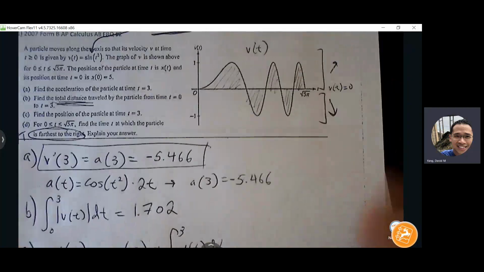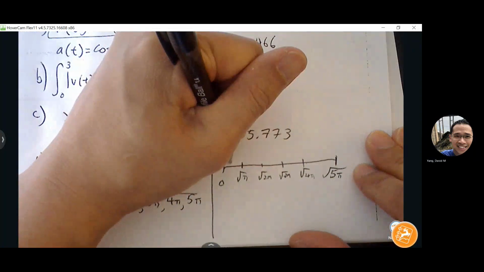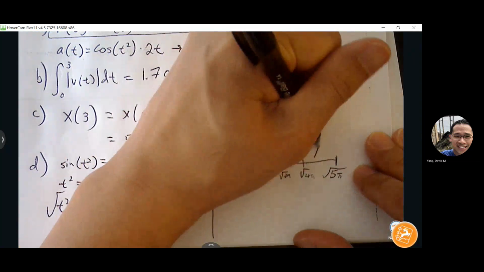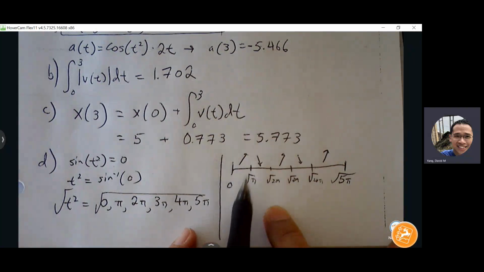And if I have my velocity sign line in front of me, I know it's going to be positive, negative, positive, negative, positive.